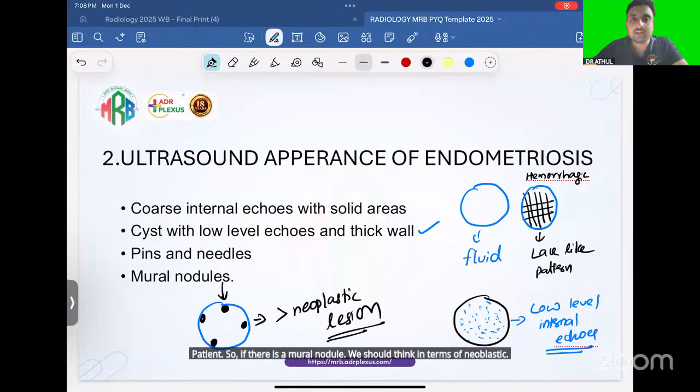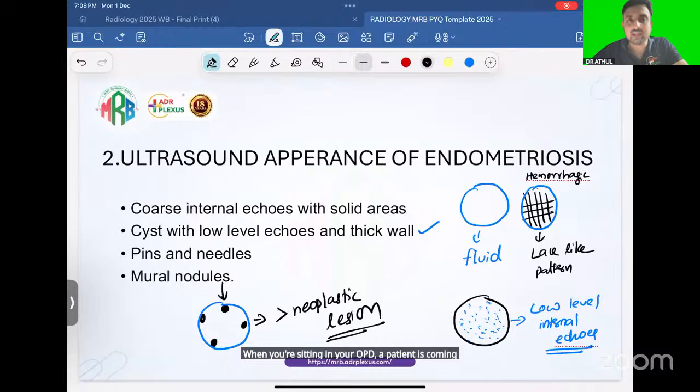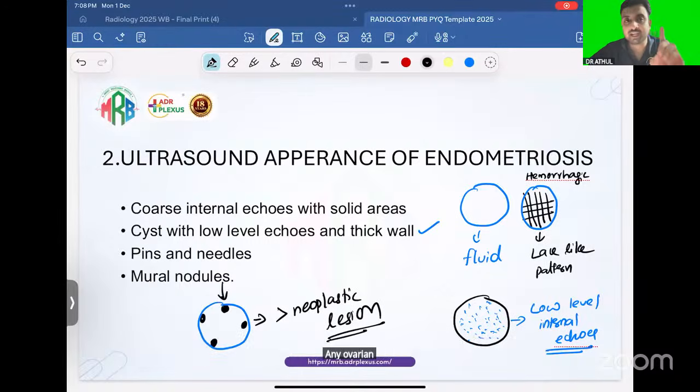Okay. So usually they can ask you what is the first investigation that you do for an endometriotic cyst or hemorrhagic cyst. So can you tell me, when you are sitting in your OPD, a patient is coming to you, you are suspecting a hemorrhagic cyst for it? Yeah, very good. So if they ask you any ovarian pathology, the first investigation will be ultrasound.